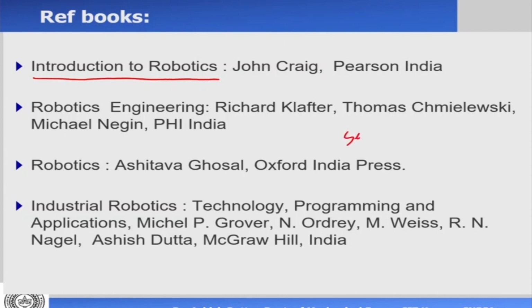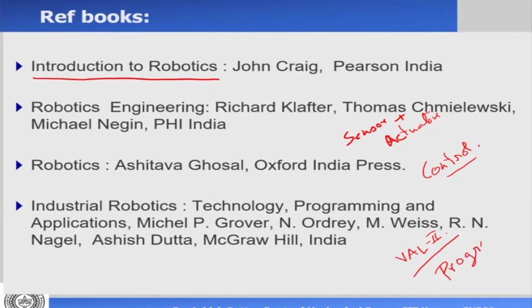Sensors and actuators will be from the second book, Robotics Engineering. Then the control part I will be talking from the third book, which is Robotics by Professor Ashitava Ghoshal, and the fourth book is Industrial Robotics, Technology, Programming and Applications. This is for the VAL programming part. So VAL2 programming of robots will be covered from the fourth book.